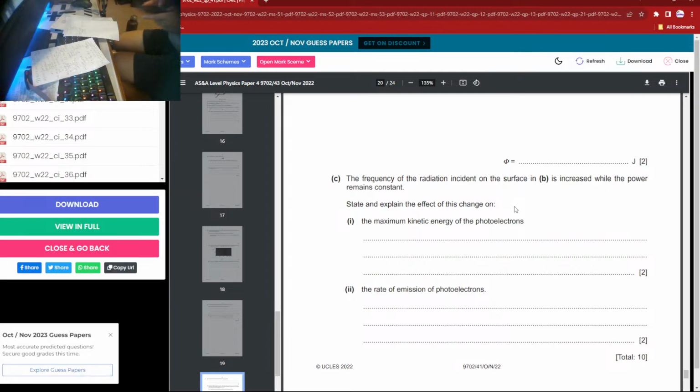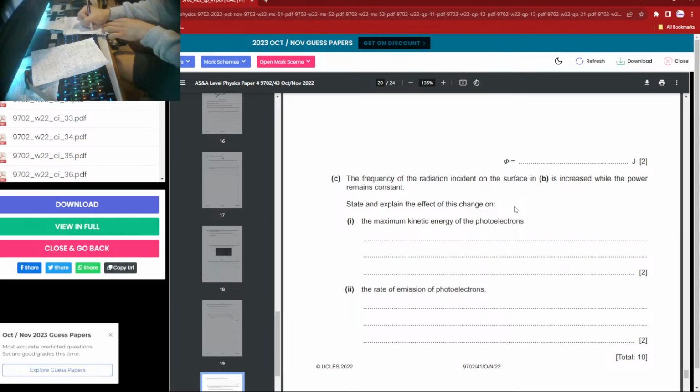Okay, the frequency of the radiation incident on the surface in B is increased while the power remains constant. So when you increase the frequency, since v is equal to f lambda, v is directly proportional to the frequency. So increasing the frequency will increase the speed of the electrons. Lambda will remain the same, of course.